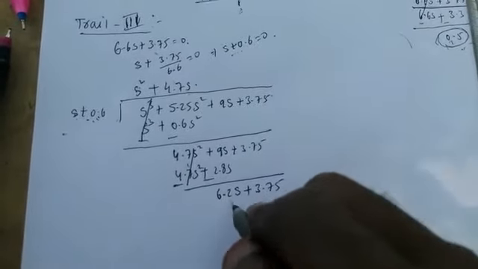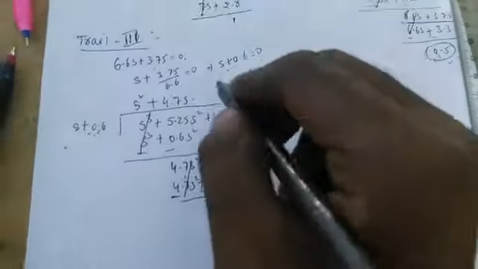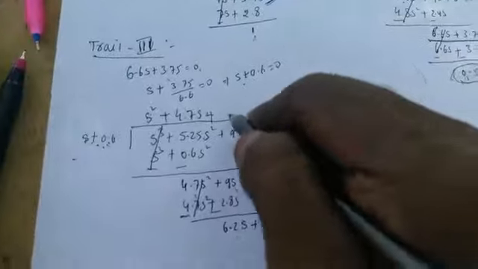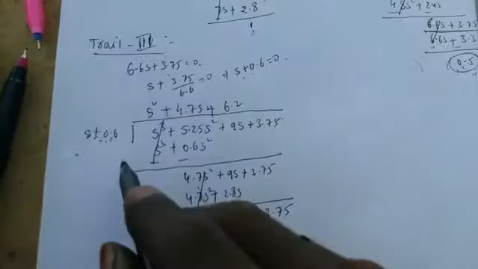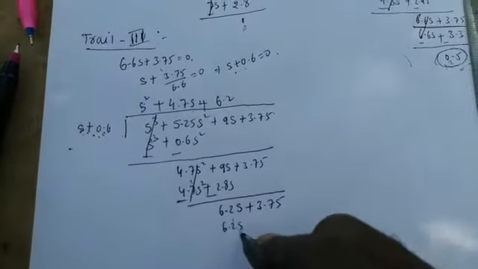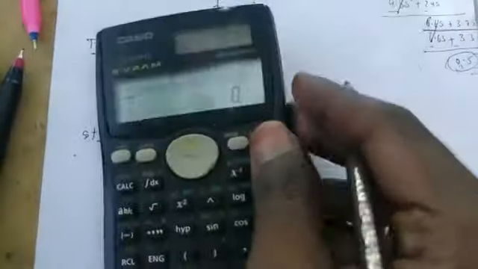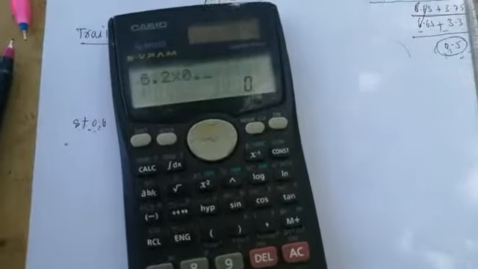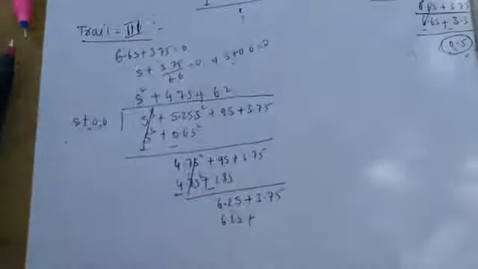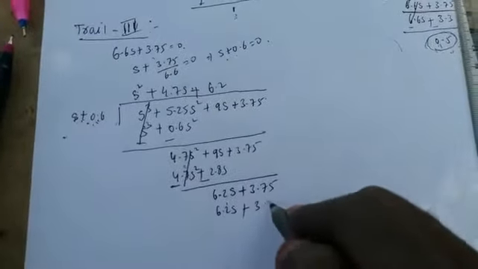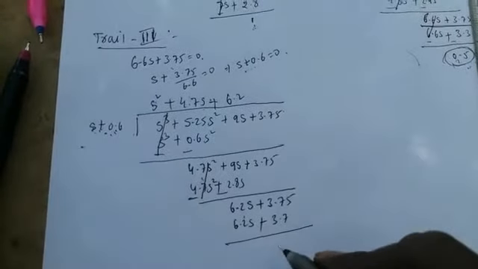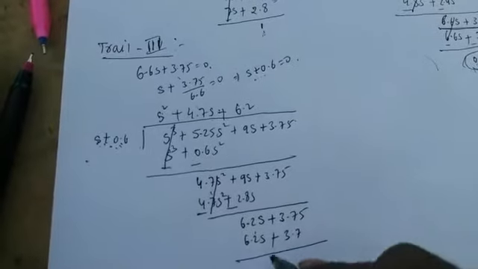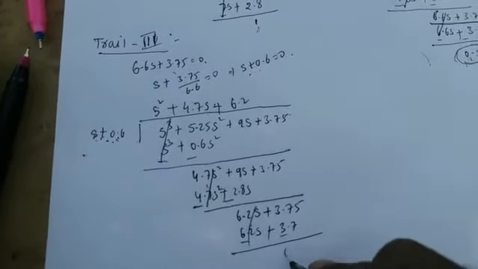Again we have to eliminate this term, so we multiply by 6.2. So you will get 6.2 s plus 6.2 into 0.6, so 3.7. And when you subtract you will get 0.05.